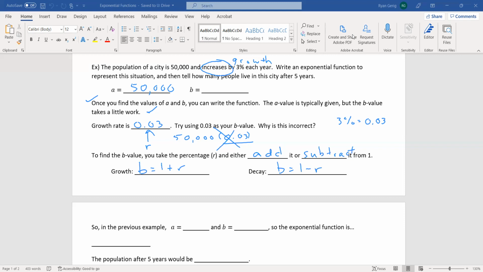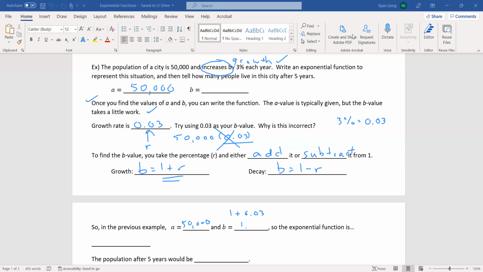Okay. So we know that this one's growth, right? Because the population is increasing. So to find B, I'm using this formula. You want to flip over to the back, but I have it showing here. In this example, we got 50,000 as A. And B is going to be 1 plus 0.03.